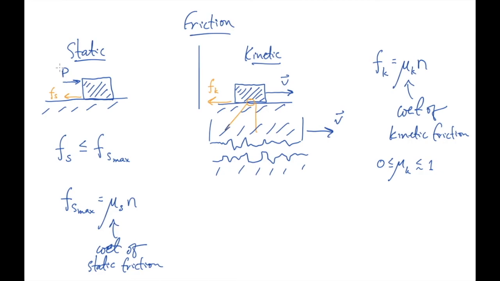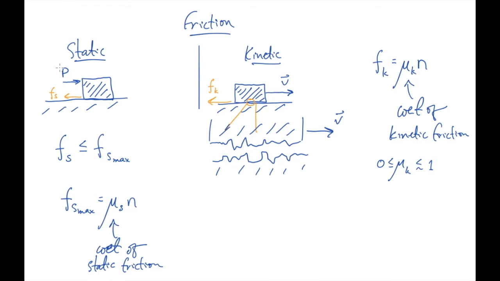So if there's a net force to the right, absent friction, friction will oppose it and push to the left. If the net force is to the left, absent friction, then friction is going to be directed to the right. Static friction attempts to keep the object at rest on the surface. So the force of static friction is always parallel to the surface and opposite the impending motion. The impending motion is what would happen if there was no static friction.